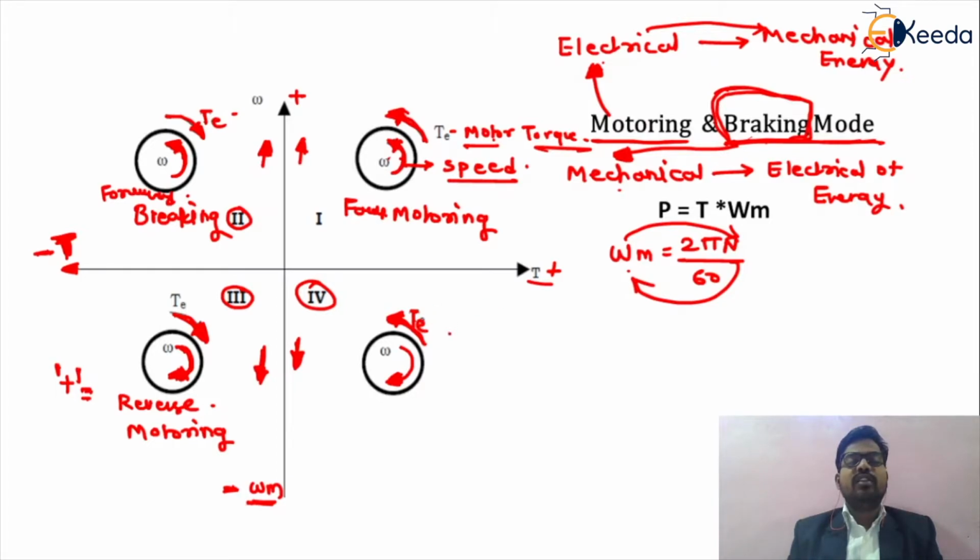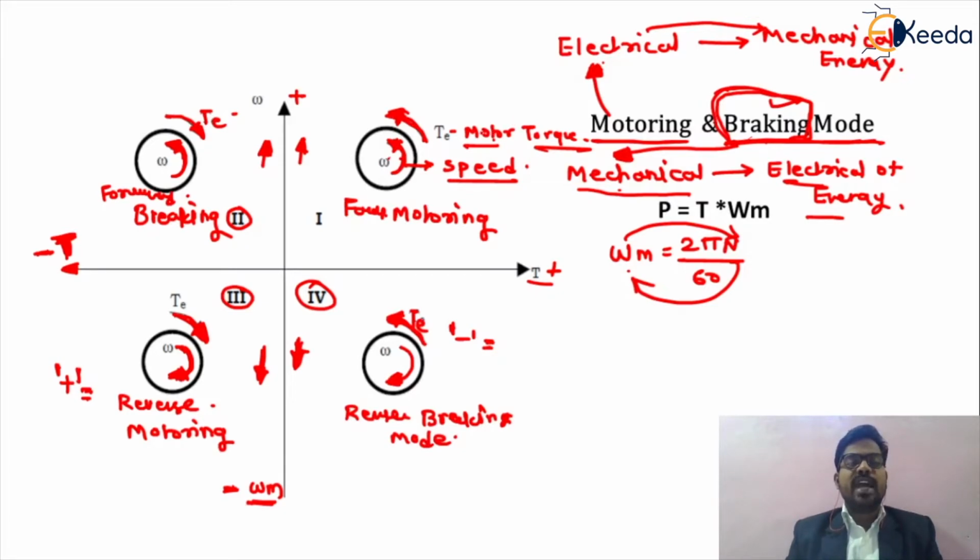A positive times a negative gives a negative result, and a negative result means the operation is called braking mode. In braking mode we are converting mechanical energy into electrical energy in the reverse direction, so this operation is called the reverse braking mode. So friends, these are the torque-speed conventions and multi-quadrant operation of your electrical drive.